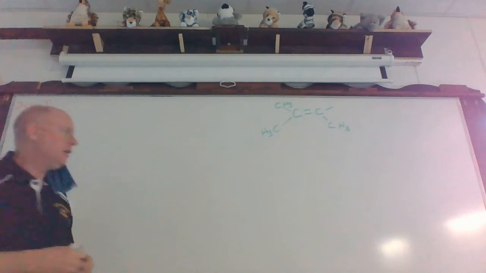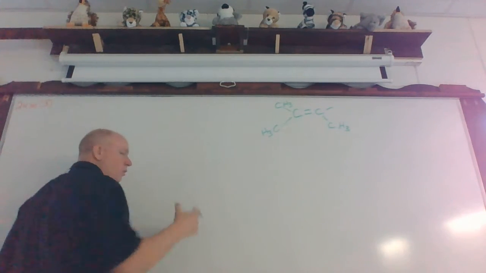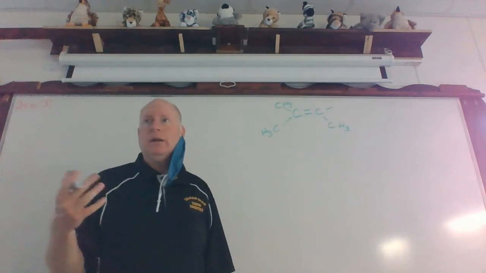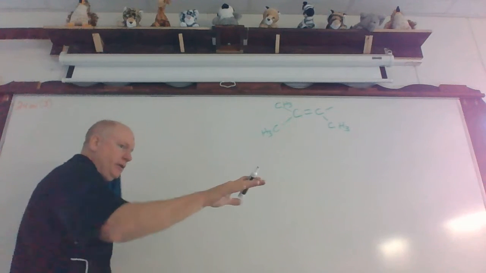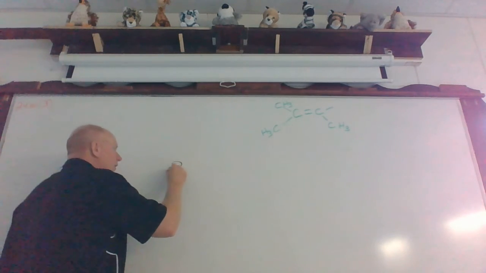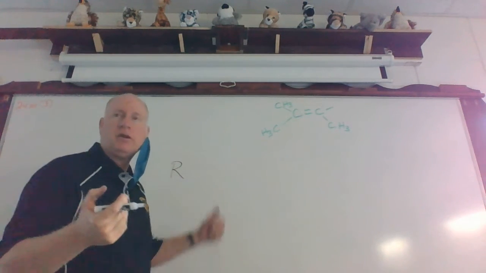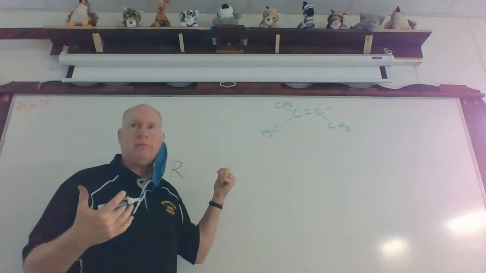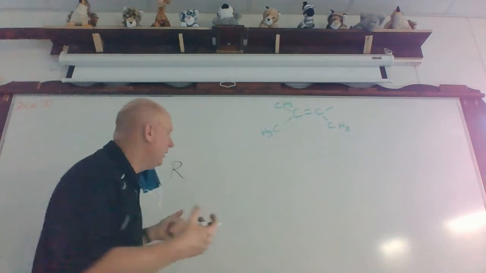No, it does not. Remember, one of the things we're going to hand out is these R compounds on these flow charts. R just means any hydrocarbon. It's a carbon. It can be CH2. It can be CH3. It's just a variable. That's all R is.